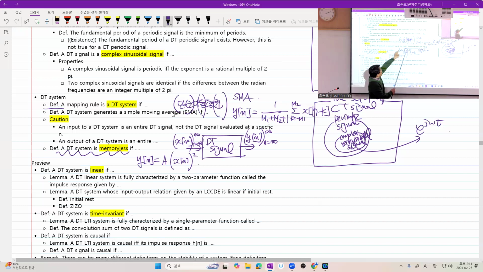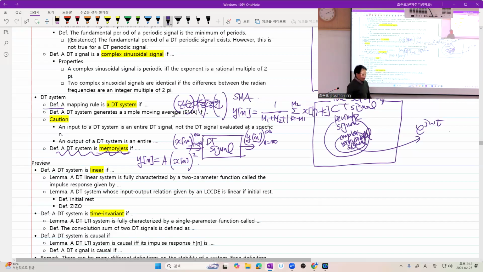However, even though we do not write these parentheses and subscripts and superscripts, what we mean is that, as you see here in the simple moving average, in the ultimate case, we may use the entire input signal to generate the output. Okay? Anyway, so a memory system is a very strange thing, but it's not the only one.